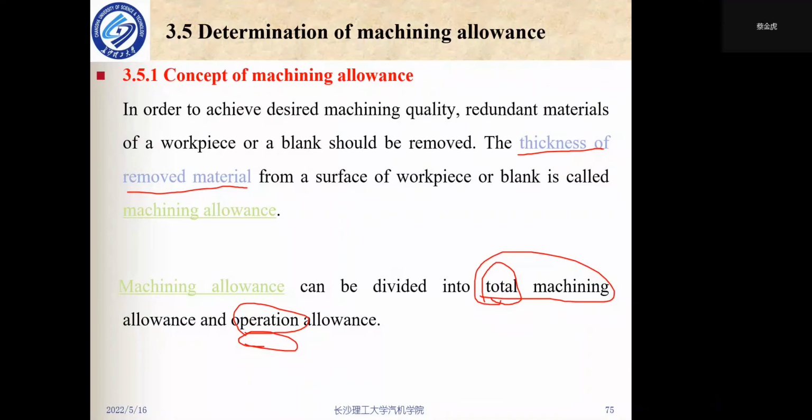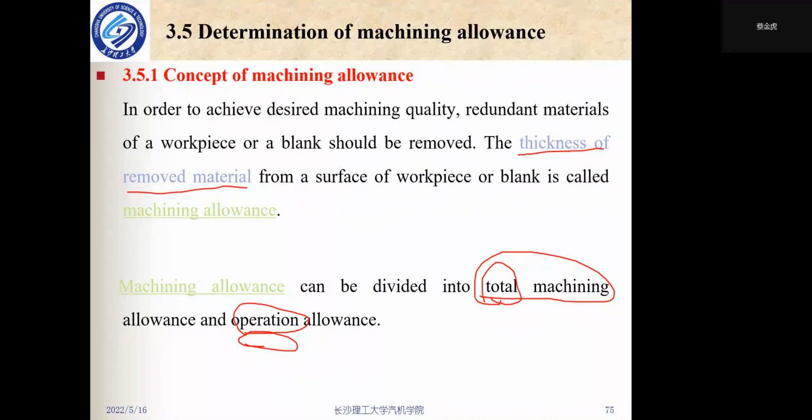The total machining allowance is the total material thickness removed from a surface. And the operation allowance is the material thickness removed from a surface in one operation.